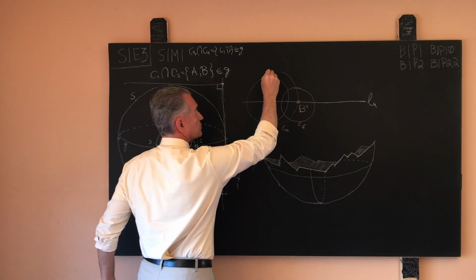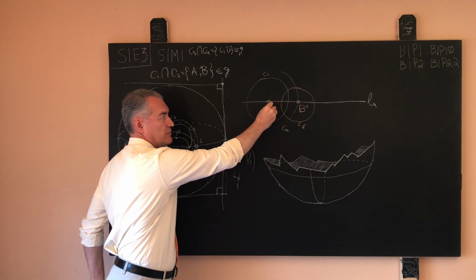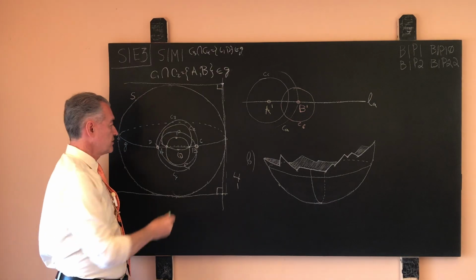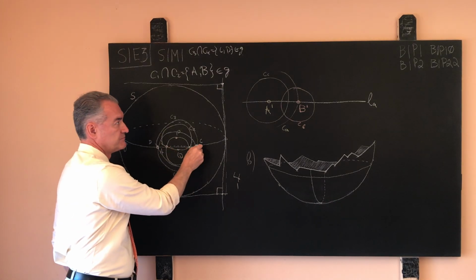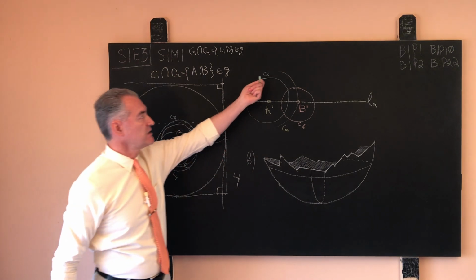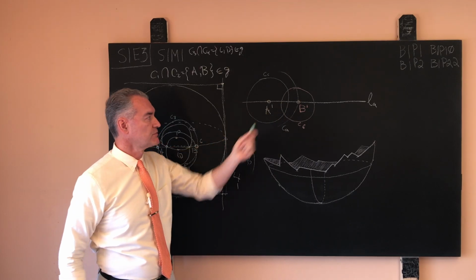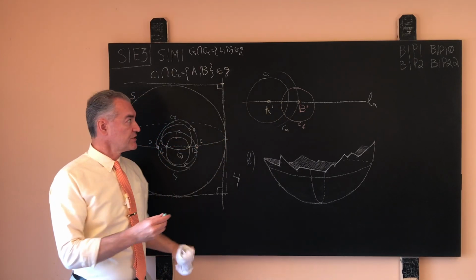Let's call it circle CC, which is centered at the point A prime and has the radius AC. The circle CC and the circle CB will intersect again at 2 distinct points, but we only need one, so let's say we pick this one.